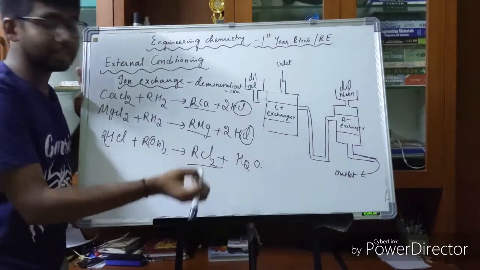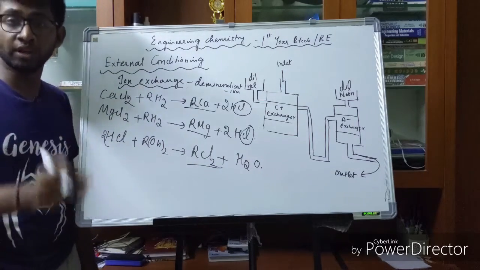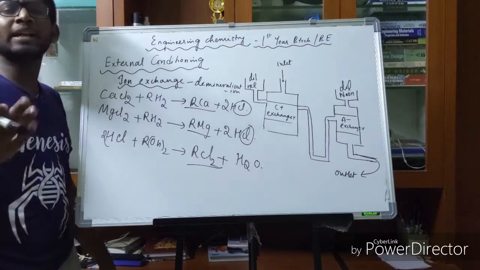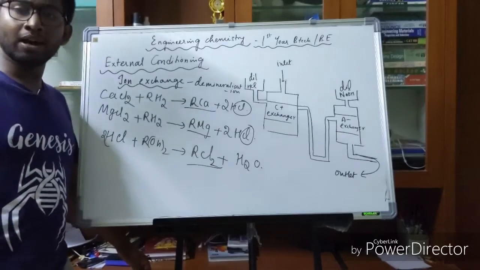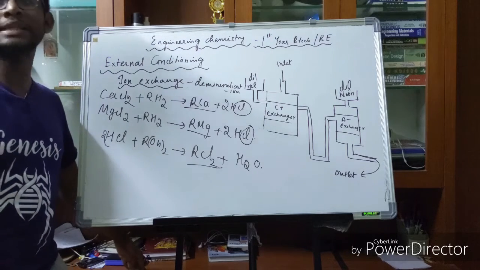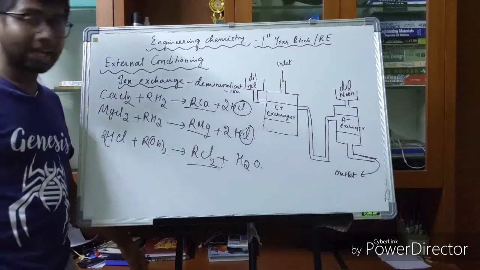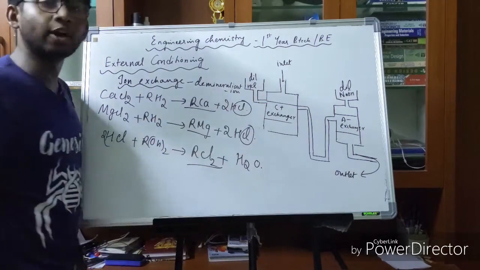So now you'll be getting RCl2, and therefore your anion is also removed. Okay, so now you might have a question about regeneration. As in the zeolite process, where you pass your zeolite which is already formed through NaCl so that it will be regenerated, for that purpose here you have dilute HCl and dilute NaOH.